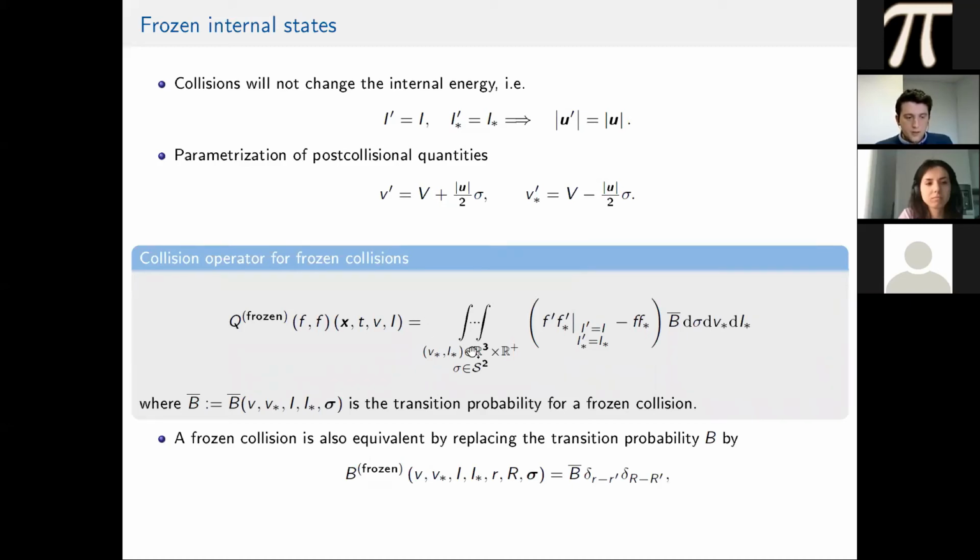So for this, we can introduce a new collision operator especially for these frozen collisions, with some cross section for this collision. This operator can be seen as the standard Boltzmann collision operator for polyatomic gases, but with this delta operator multiplied by the cross section.